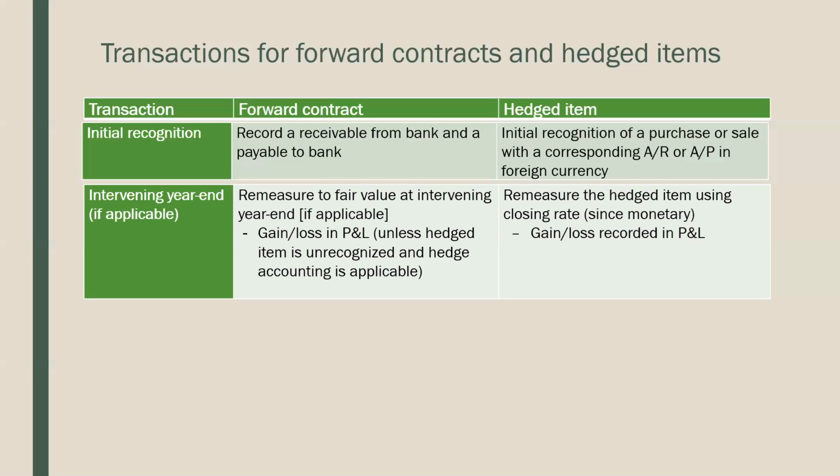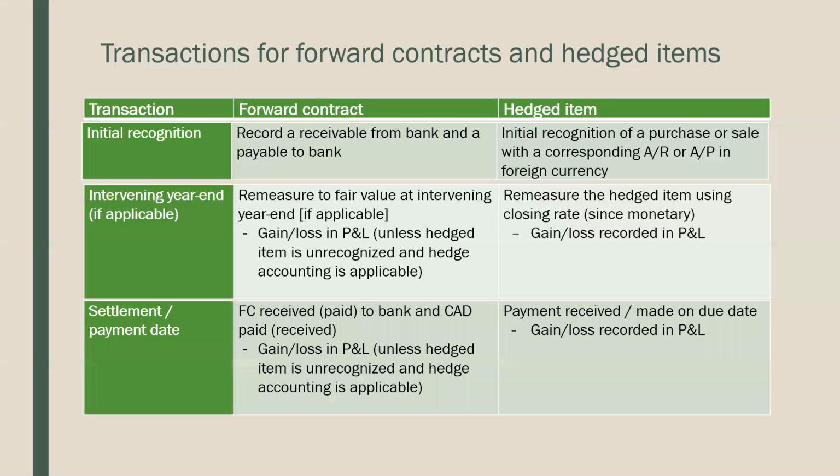We'll talk about that soon as well. For the hedged item, we would remeasure the hedged item using the closing rate because it's either an accounts receivable or an accounts payable, and that makes it a monetary asset or a liability. The gain or loss goes through P&L.